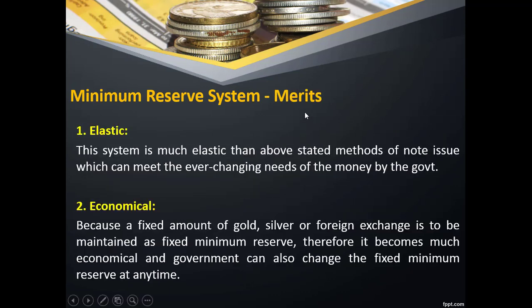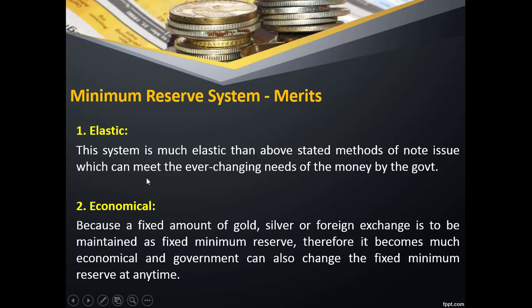Now, what are the merits? This system is very elastic, much more elastic than all the methods stated above. Till now we discussed the fixed fiduciary system and the proportional reserve system, and now this is the minimum reserve system, which is very popular all over the world because this method is economical and elastic. It is not rigid. What does it mean?